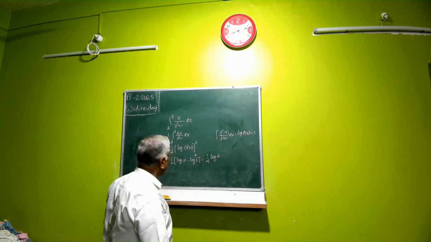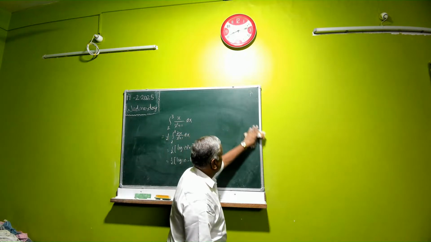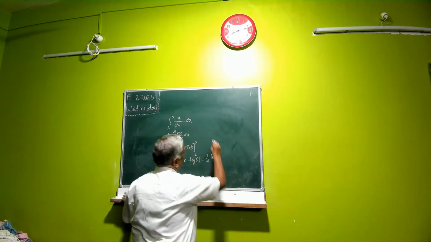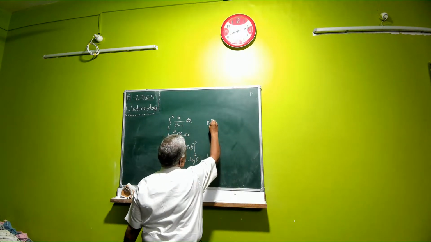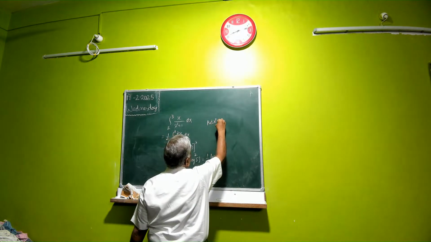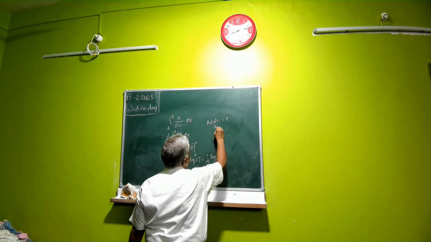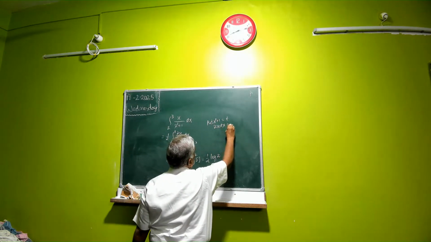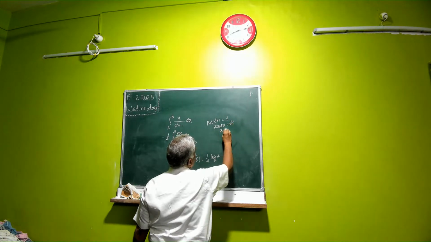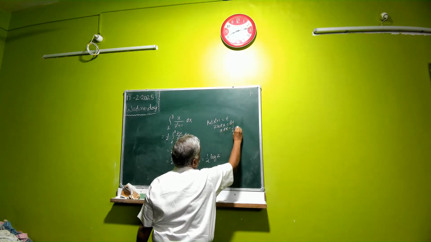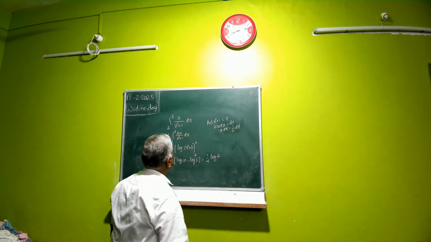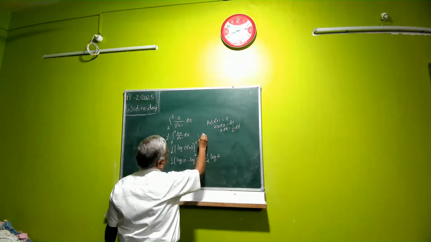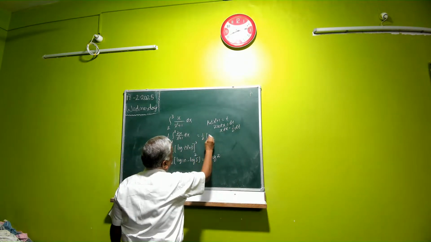Supposing you don't know this formula, what is the method? The method is to put x square plus 1 equals t. You get 2x dx equals dt, so x dx is equal to half dt. So you will get half of the integral of dt by t.